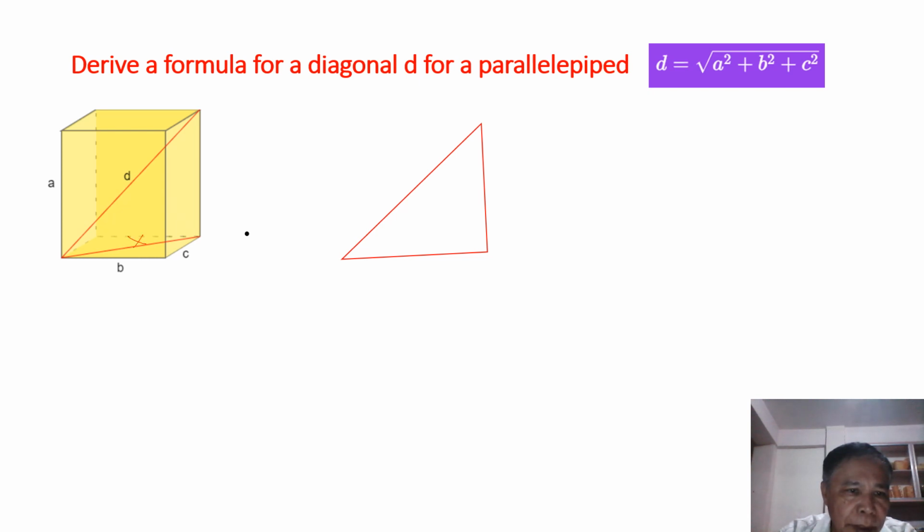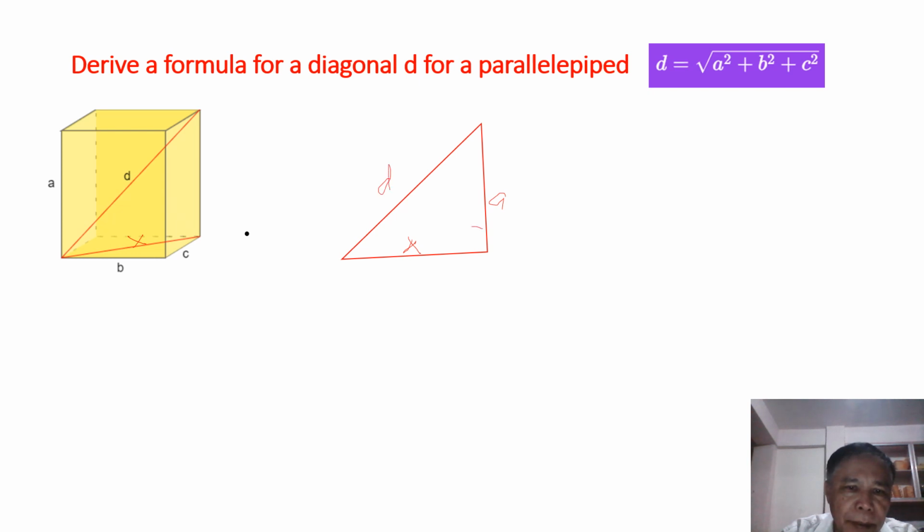So this one is C, side C, and B. Make that one x. This one is a. You have that one as diagonal D.